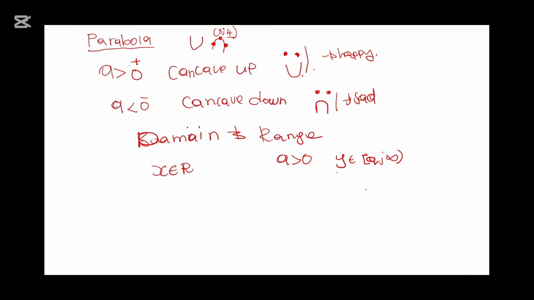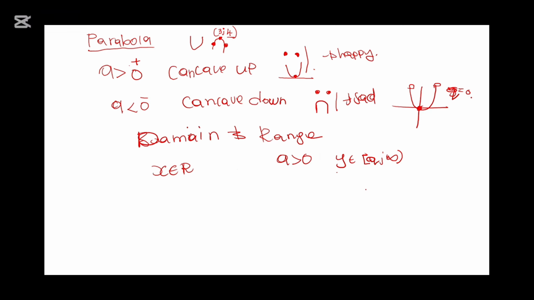So you get positive infinity, because it will start here and go up. Let's say we have our parabola. Let's say the y value of the turning point is, we're just naming numbers, let's say it's 0.